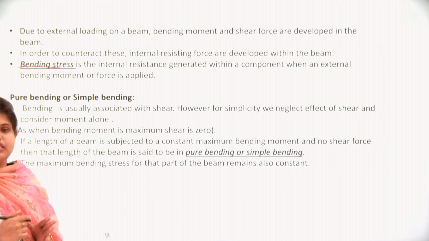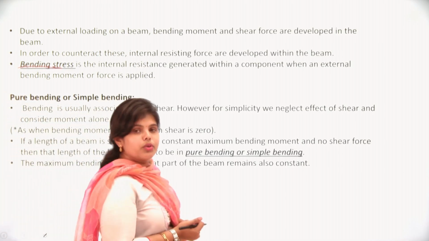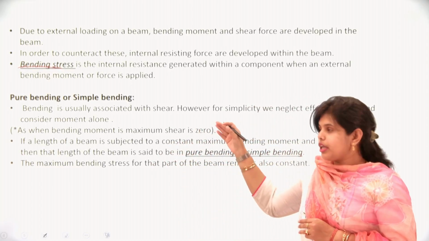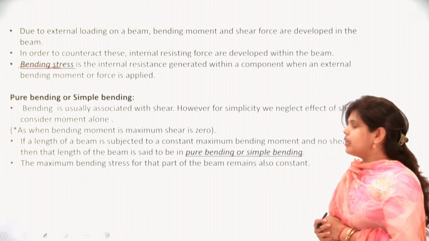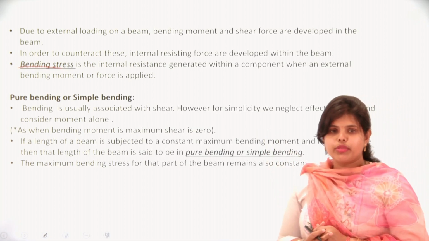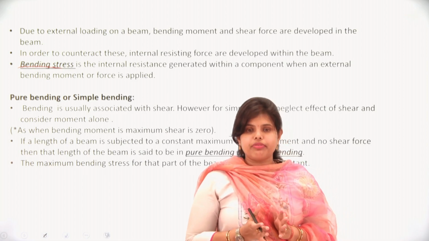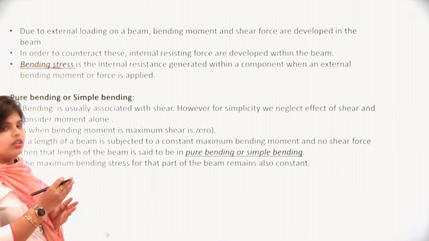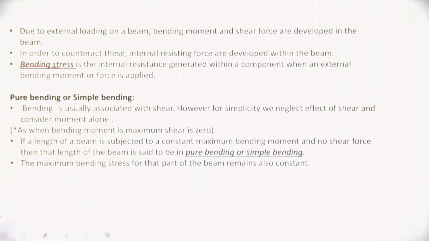Generally, bending is usually associated with shear. First, we calculate the shear, and then, using that shear, we calculate the bending moment. However, for simplifying, we neglect the shear and just consider the moment.